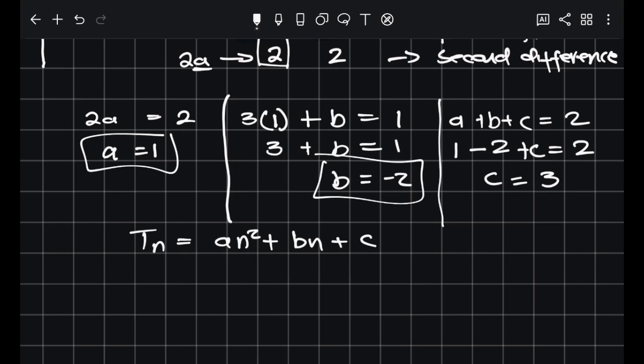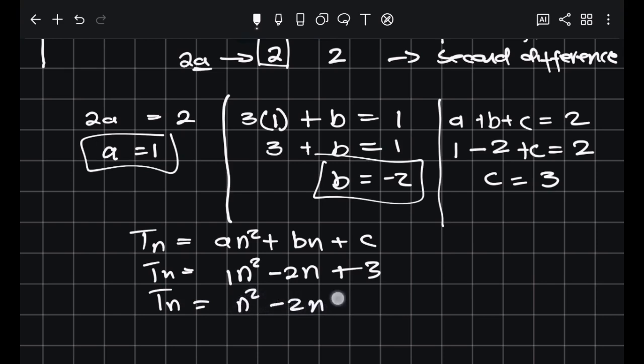We get Tn is equal to 1n squared plus B. But our B is negative, so we get rid of this plus, and we have minus 2, which is the value of B, n plus our value of C, which is 3. This is our equation. So our final equation is Tn is equal to n squared minus 2n plus 3.